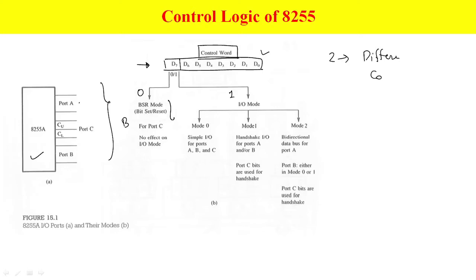Later I will tell you about this. So this is the simple I/O mode if D7 is 1. Further, in I/O mode there are three different types of classification: mode 0, mode 1, mode 2. So when you change the bit D7 from 1 to 0, you change its mode.